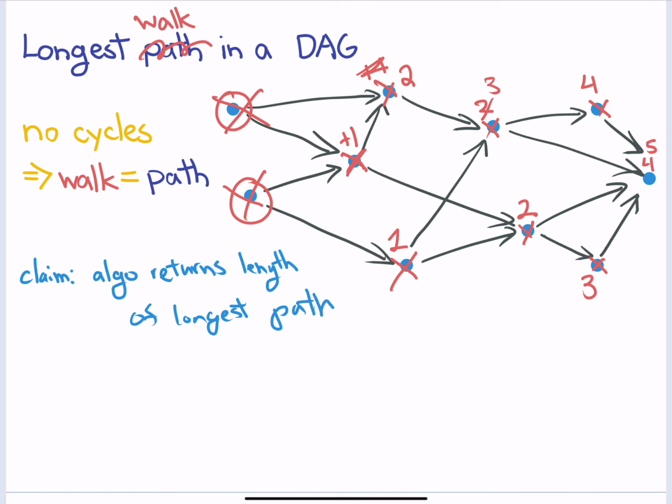So now I tell you, suppose it didn't. What's the next sentence? Yeah, so let's say that it returns something that's not the length of the longest path.